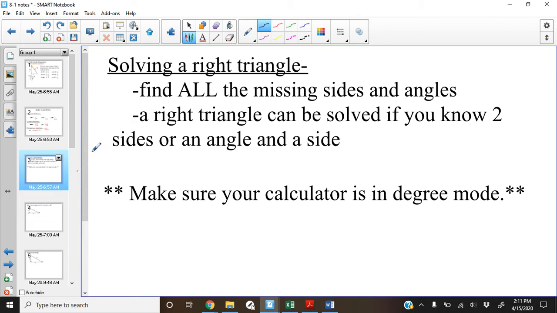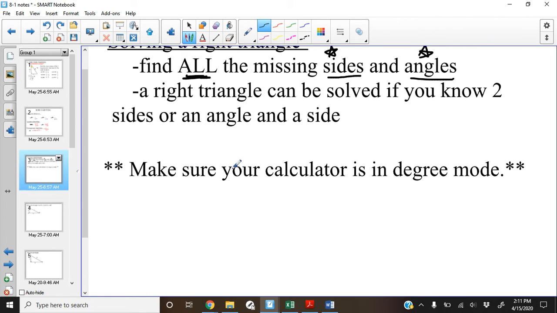So now we want to talk about what it means when you are being asked to solve a right triangle. That means you want to find all of the missing sides as well as angles. Now, in order to solve those, you need to have either two sides of a right triangle given to you, or an angle and a side of the right triangle. So when we say angle, we mean one of the acute angles, not the right angle.